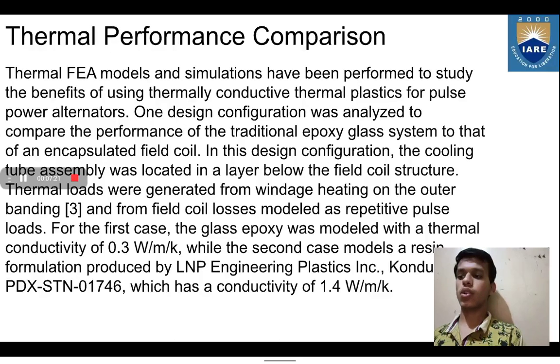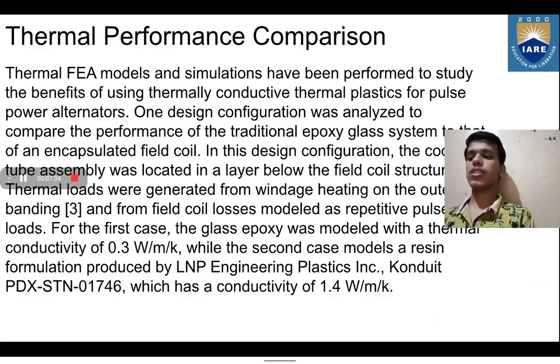For the first case, the glass epoxy was modeled with a thermal conductivity of 0.3 watts per meter Kelvin, while the second case models a resin formulation produced by LNP Engineering Plastics Inc., which has a conductivity of 1.4.